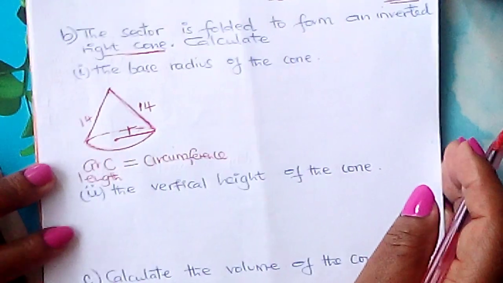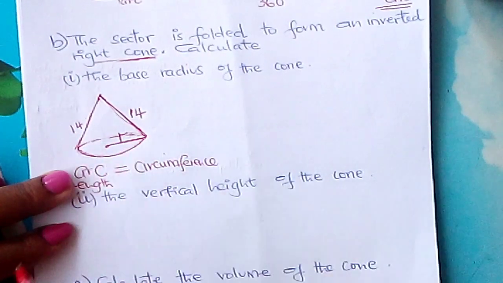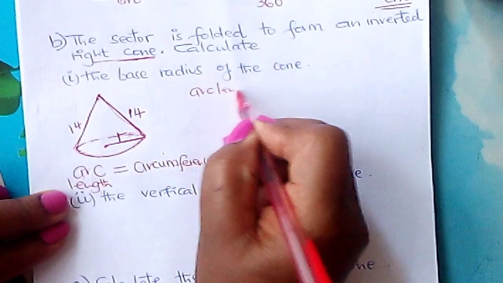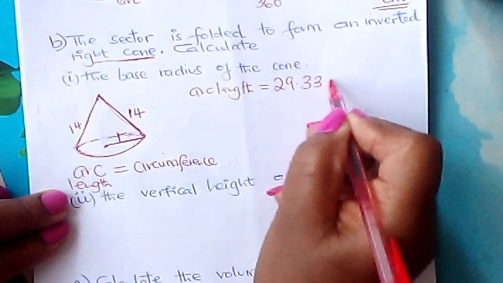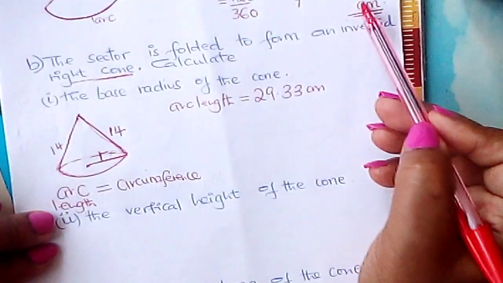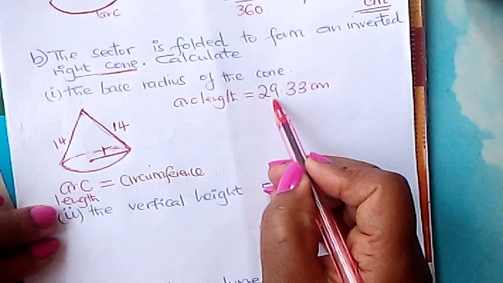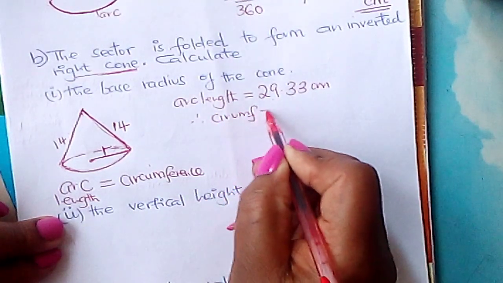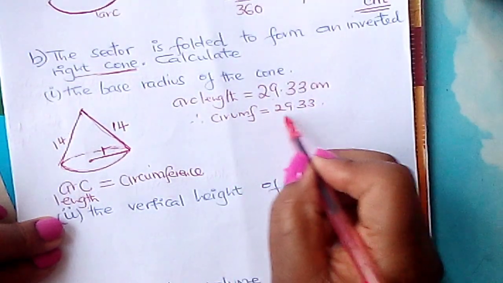And therefore, learner, with this circle here, what is the radius? We had got that the arc length from part 1 is 29.33 centimeters. And therefore, the circumference of this circle is 29.33.